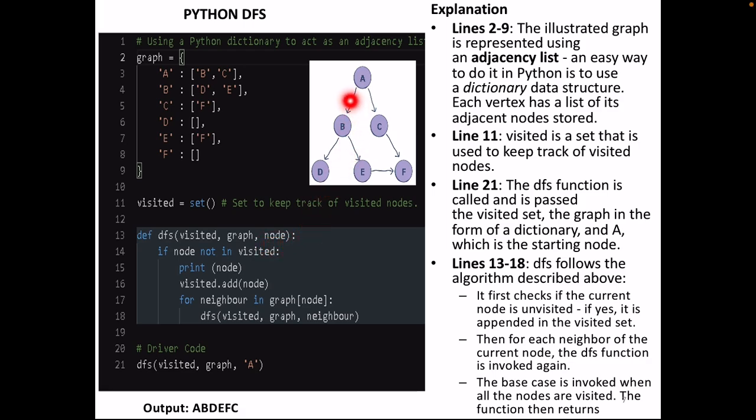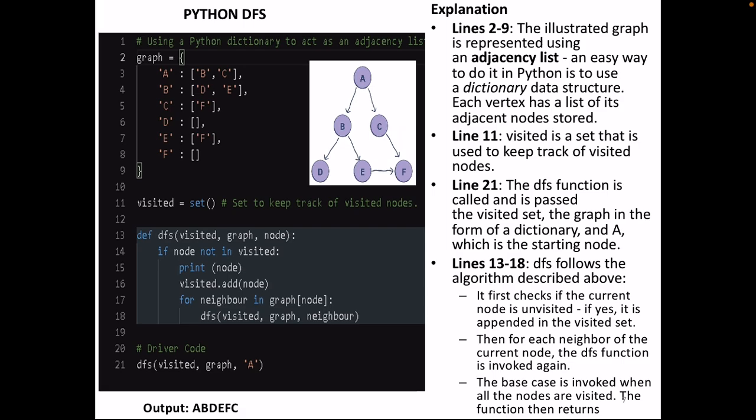Let's take initial node A, and if the node is not visited, it is printed. Printed means it is given in the output. The output is like the answer from this whole algorithm. So the search is performed A, B, D, then E, F, and C.